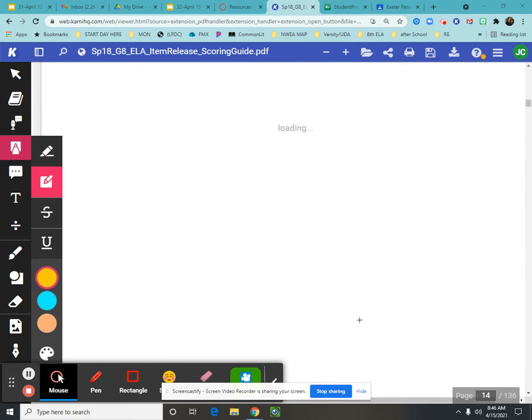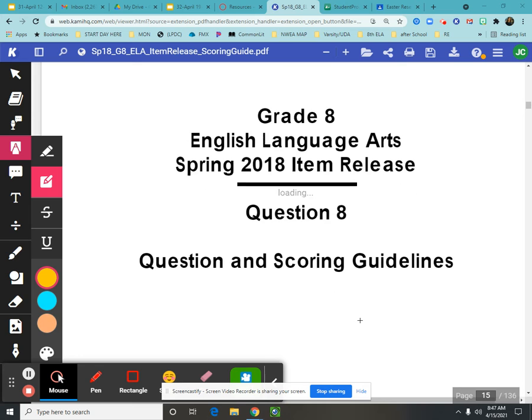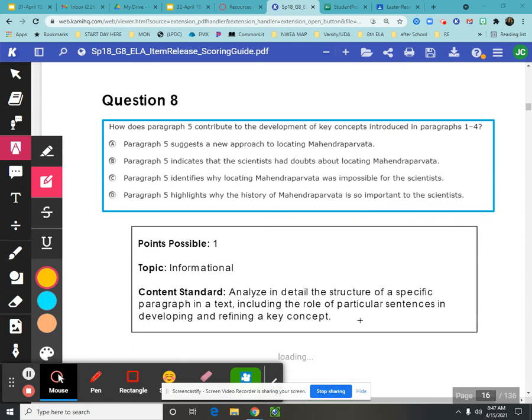All right, next question says loading, so yay. Question 8, okay? Now, again, we highlight places that we find things. How does paragraph 5, highlight that, contribute to the development of key concepts introduced in paragraphs 1 through 4? Okay, development of key concepts.